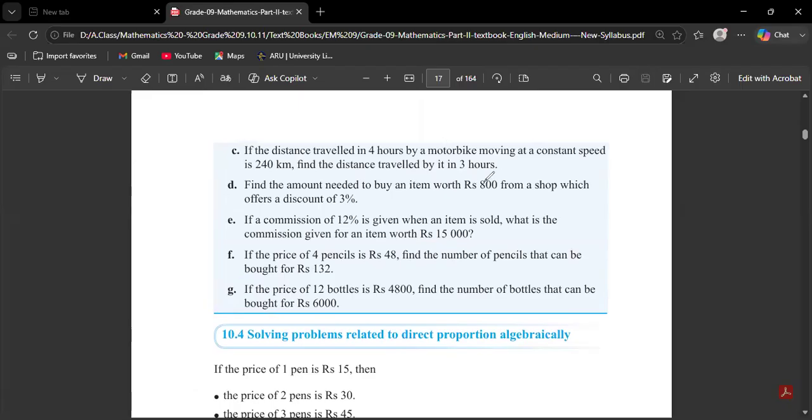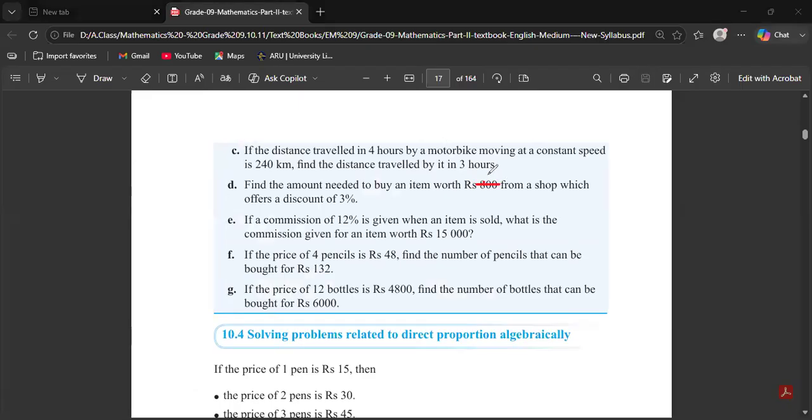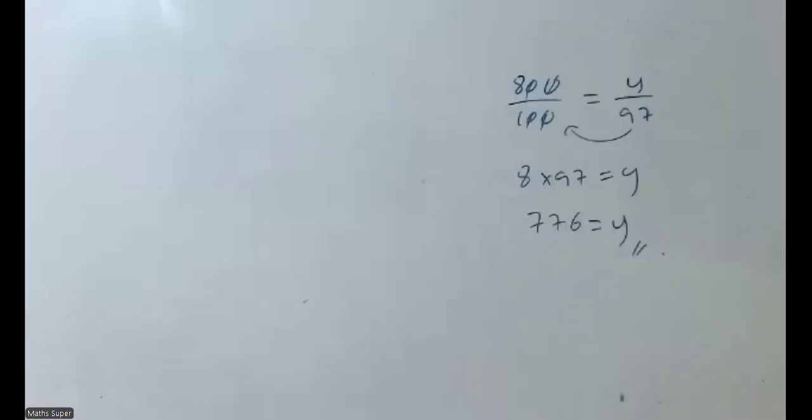This is not 800. I will make it 1200. Also, the other part, this is not 3%. I'll consider that as 10%. Now give me your answers for this one, then we can discuss.